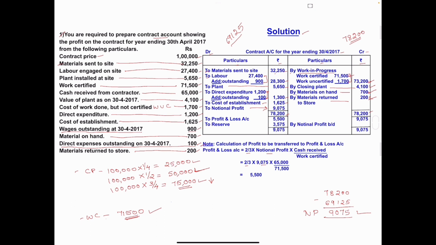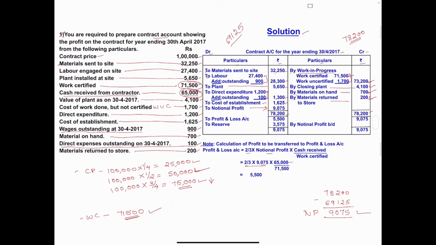Notional profit is 9,075. Cash received, see the problem? Cash received from contractor is 65,000. Take this 65,000. Work certified amount is 71,500. 65,000 divided by 71,500.